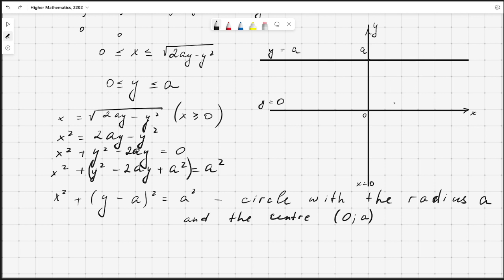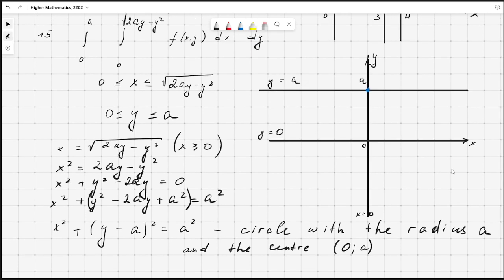Here x is 0, y is a. This is the center of the circle. Then radius a. It means we will have a semicircle.